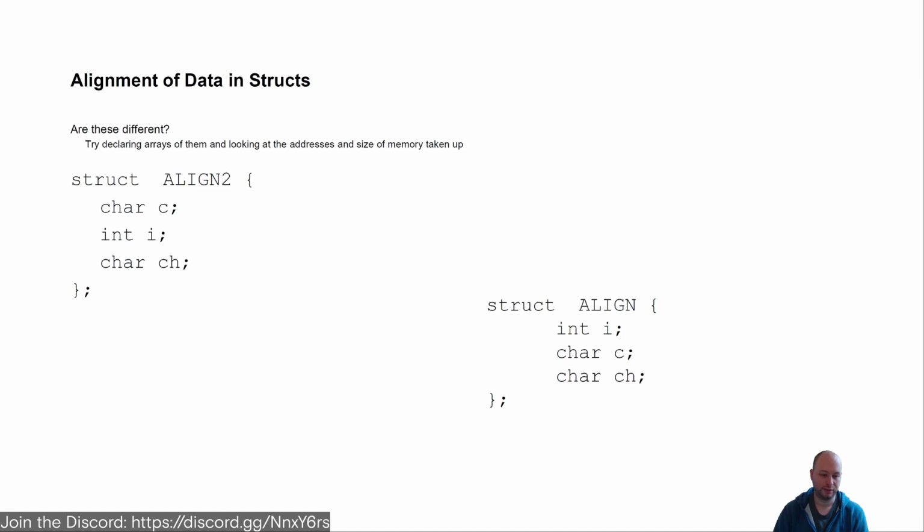On the left, that line is halfway-ish through the int. So if we're accessing int i, we're actually going to have to hit 2 registers, two memory loads, like we were talking about before. Whereas on the right, if we hit int i, that's only 1 register. If we hit char c or char ch, that's only 1 register. So the right layout is actually more efficient.